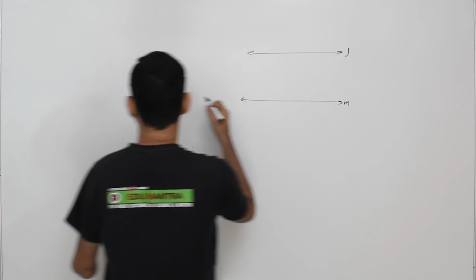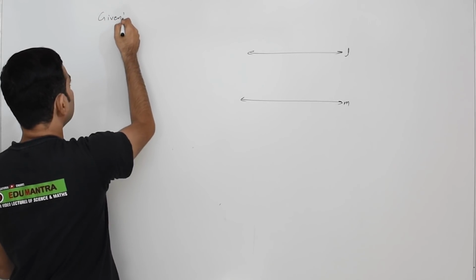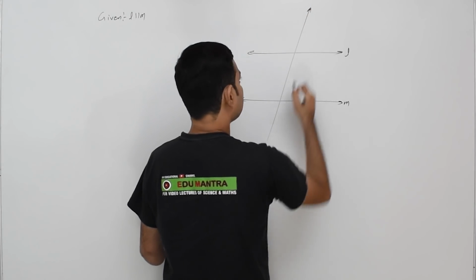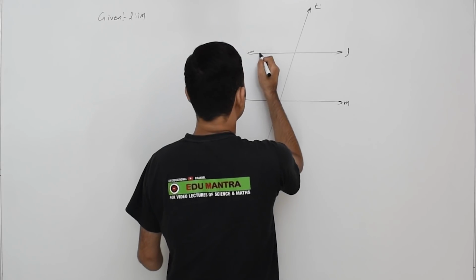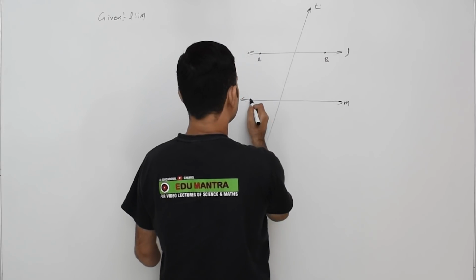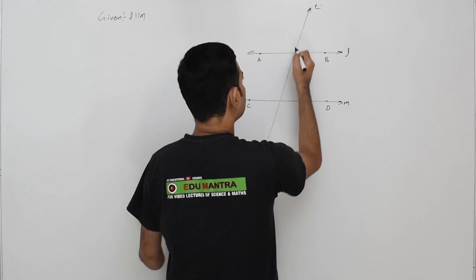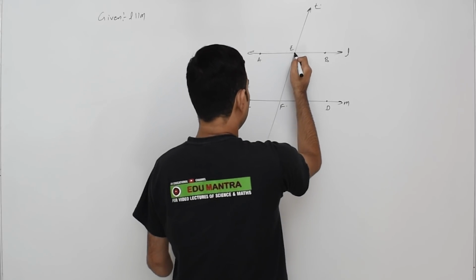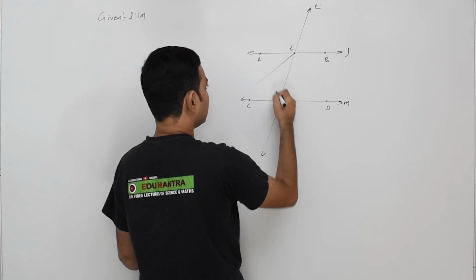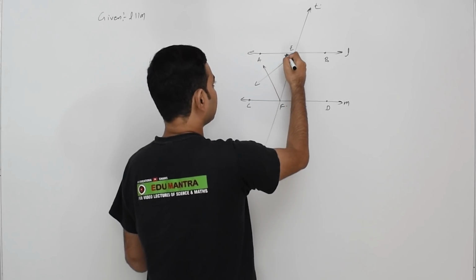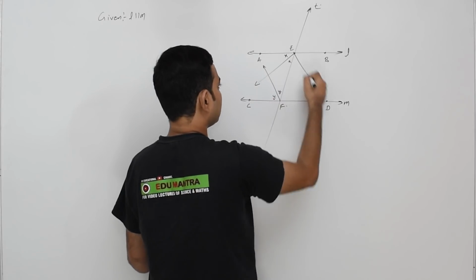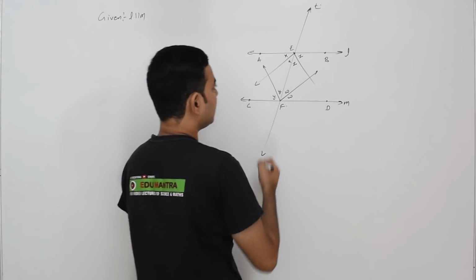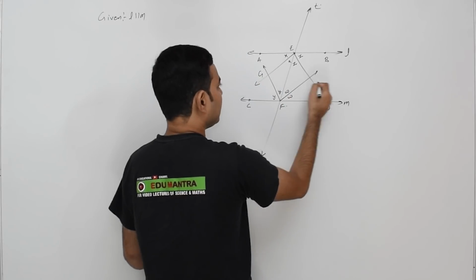L and M, given that L is parallel to M. T is a transversal, and A, B, C, D, E, F. So these are the bisectors of interior angles: X, X, Y, Y, Z, Z, W, W. This is G and this is H.